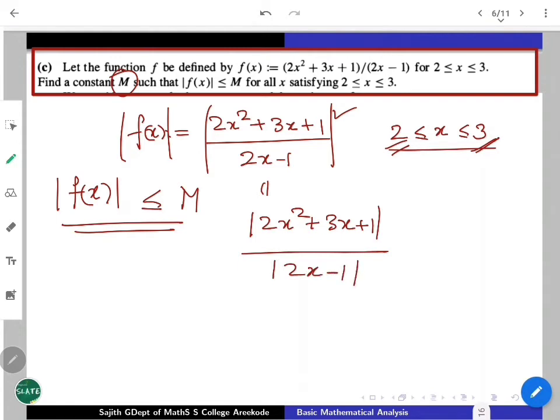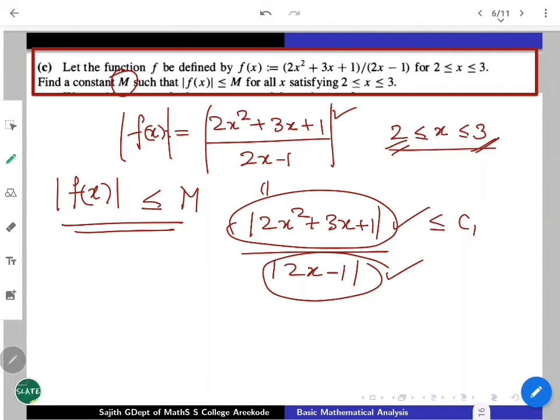But how can I attack? The numerator as well as the denominator I have to treat separately. So for this part I have to find something, some C1. Here, for this part, if I am getting something greater than or equal to some C2, I can just find out the reciprocal and do the same game. So I will try to do that. First attack this part.